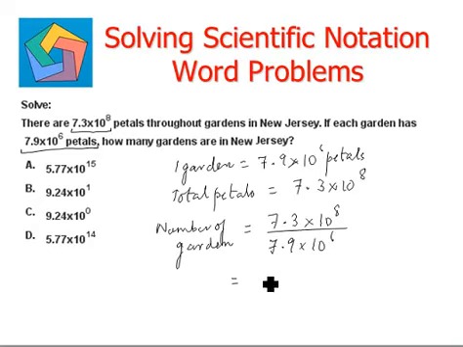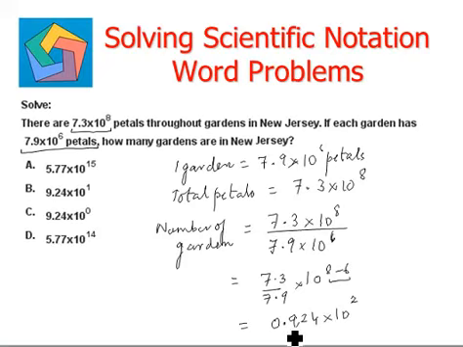Let's write it down separately. And for this exponent part, now the bases are the same and the numbers are divided. That means powers will subtract. So 10 to the power of 8 minus 6. 7.3 divided by 7.9 is 0.924 into 10 to the power of 8 minus 6 is 2.